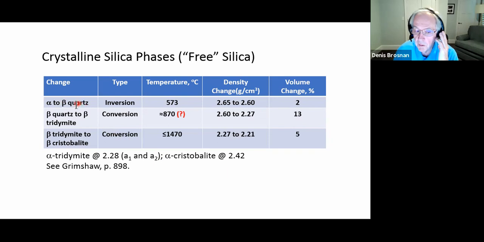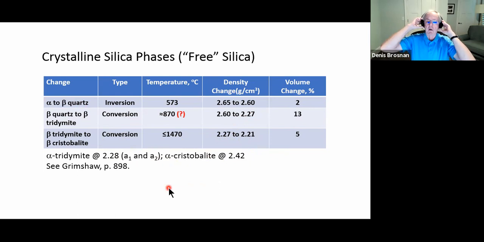So inversions are present: alpha to beta quartz, beta tridymite to alpha tridymite. And if you had beta cristobalite to alpha cristobalite, and you can go from beta tridymite to alpha tridymite as well.